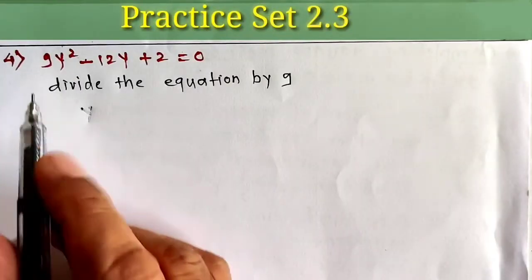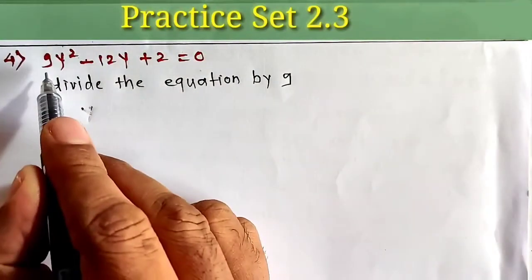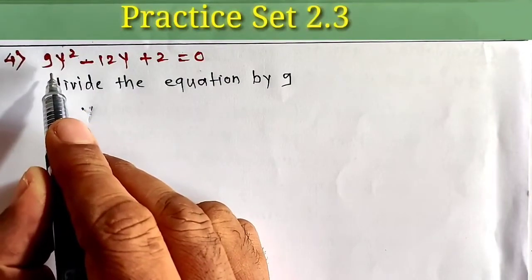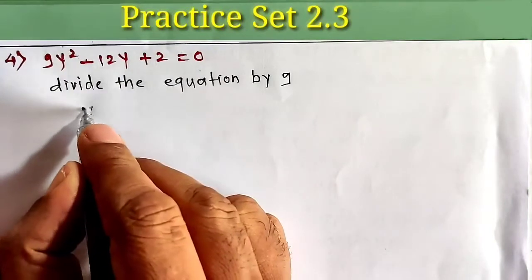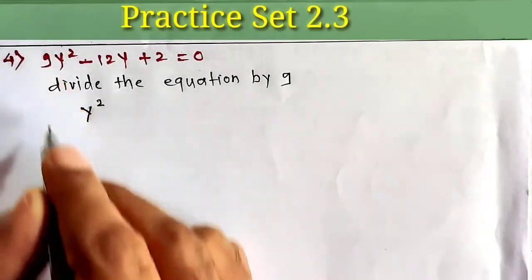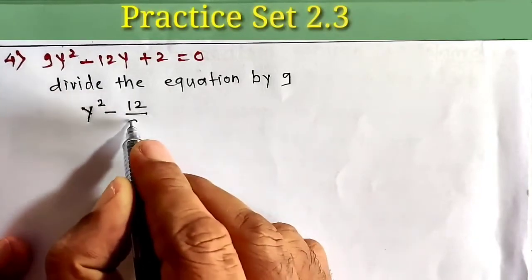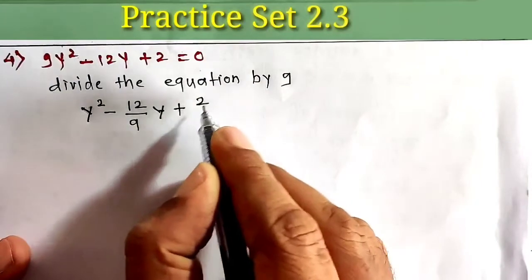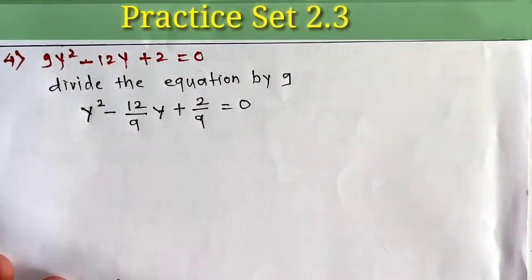Let us see the fourth sum from practice set 2.3. Here the coefficient of the square term is other than 1, that is 9. So divide the whole equation by 9. So we get y square, 9 gets cancelled, minus 12 divided by 9 y plus 2 by 9 is equal to 0.